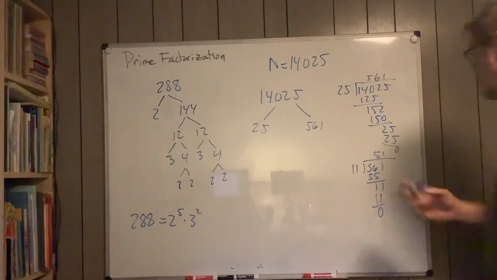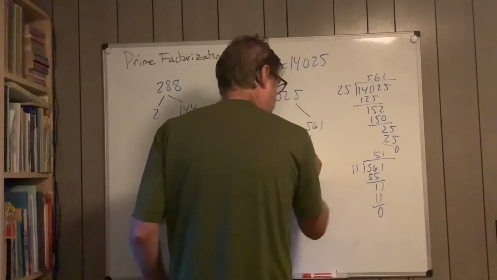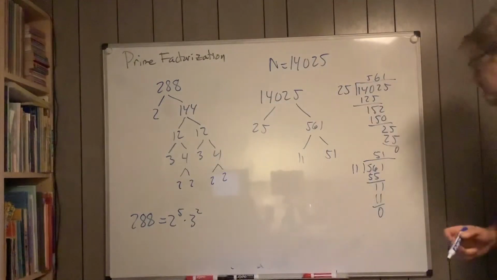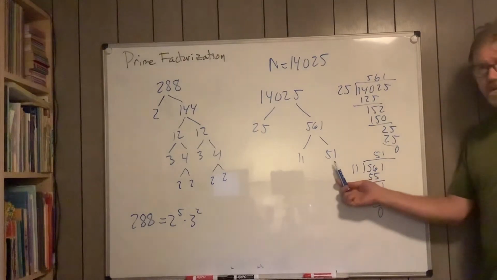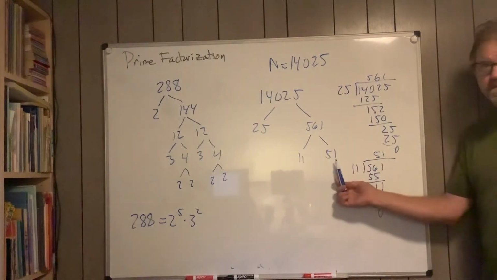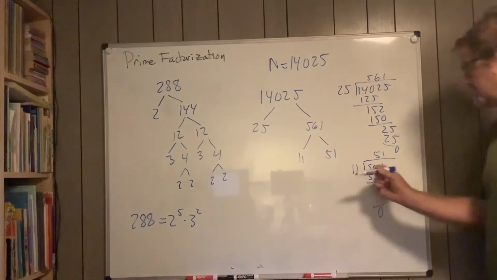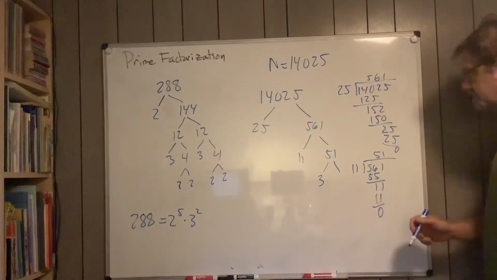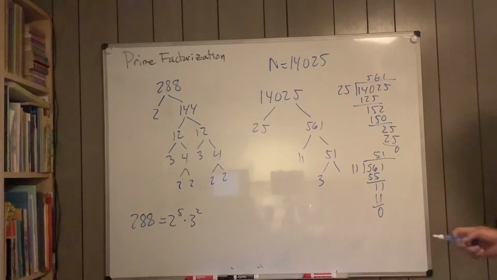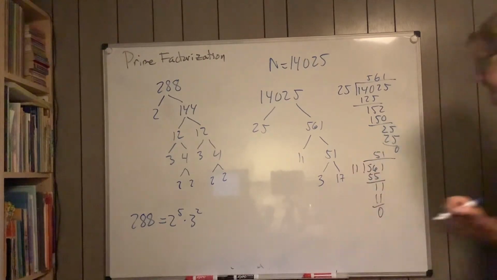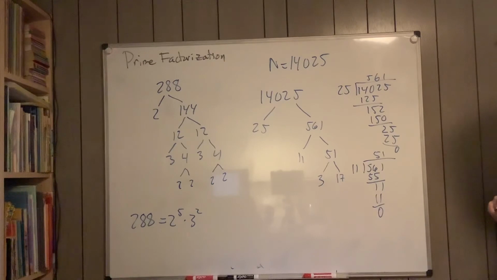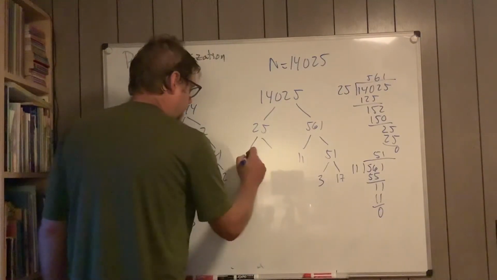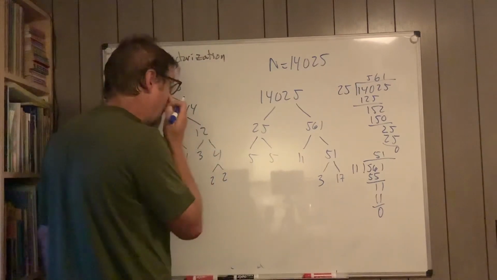So we've got that. But this right away says I've got 11 and 51. All right. And now, even taking this out, that didn't change the 3 in there. And 3, and if you need to do the long division, you can do that. The other piece of that is 17. So we've got that. And the only thing I haven't done is break 25 up into 5s.